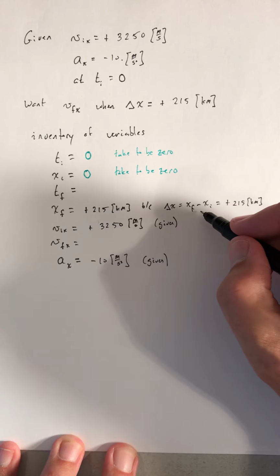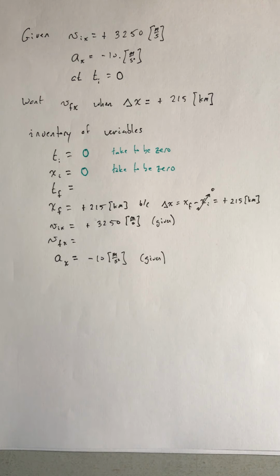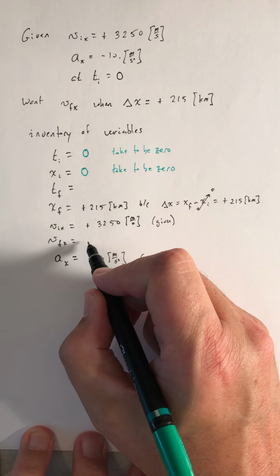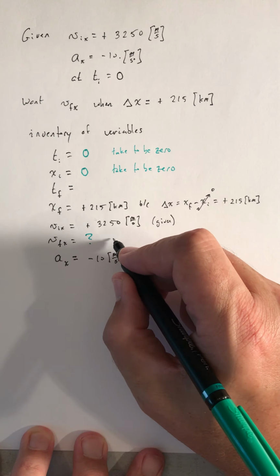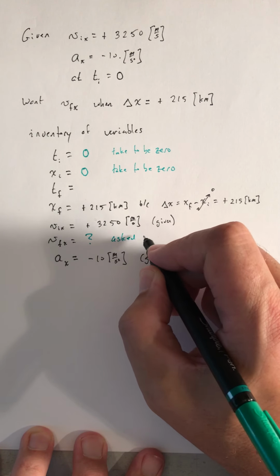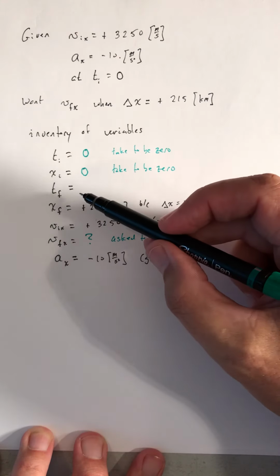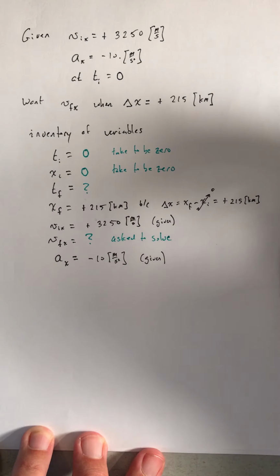And I was able to pick x initial to be 0. All right, what else do we know? V final x is an unknown. That's what we're asked to solve for. And t final is unknown, but not asked for.